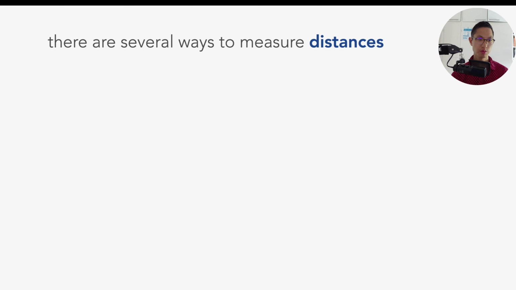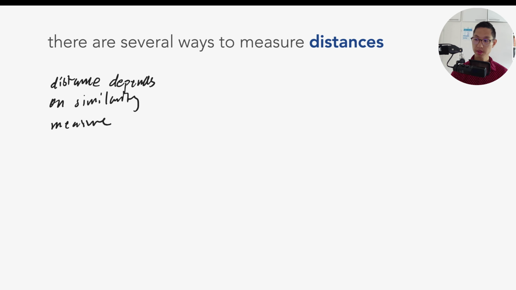There are several ways to measure distances, and this is very important. It depends on the similarity measure, because you can measure this distance in different ways. You can measure it on Euclidean distance. This is the actual distance. You can think of it as you take the closest distance, just draw a line from one point to another point.